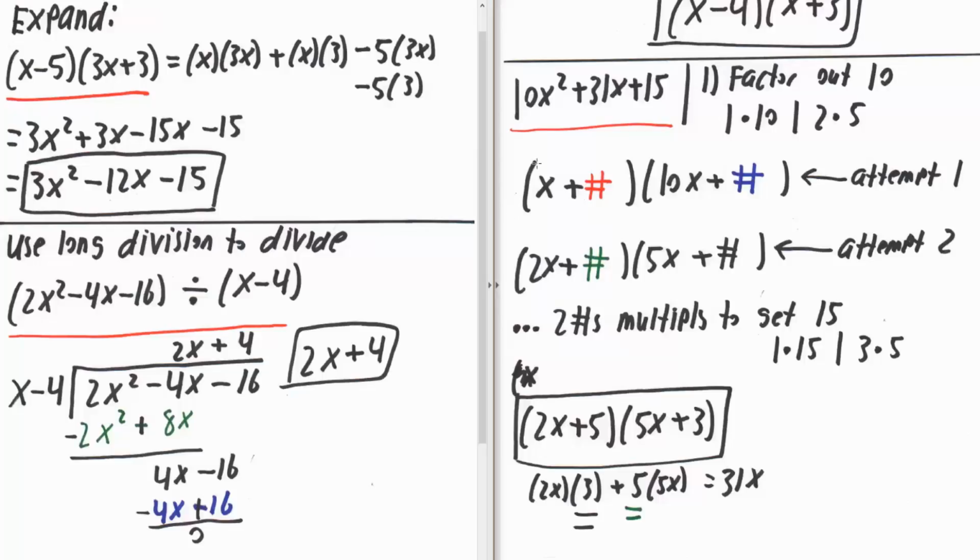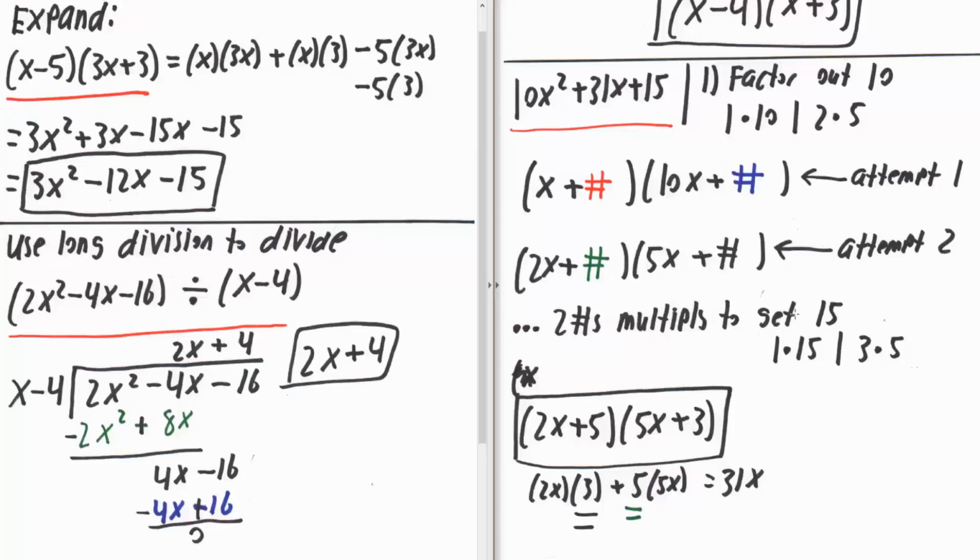We can do (x + a number)(10x + a number). This is one attempt. The other one would be (2x + a number)(5x + a number), the second attempt. And like the other problem, we need two numbers that when we multiply them, they would get 15. So that means 1 times 15 and 3 times 5.